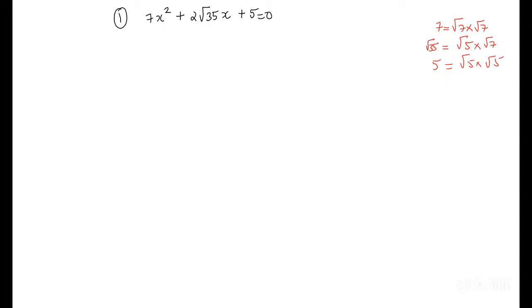Okay, now what is the first step, Jashran? Unmute your mic and say, what is the first step? How will you solve now? Multiply the first and the last. So what is the answer? 35x square. Very good.